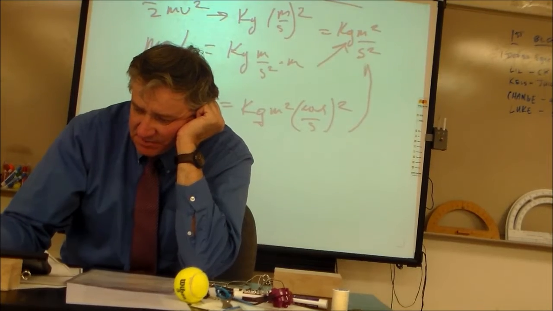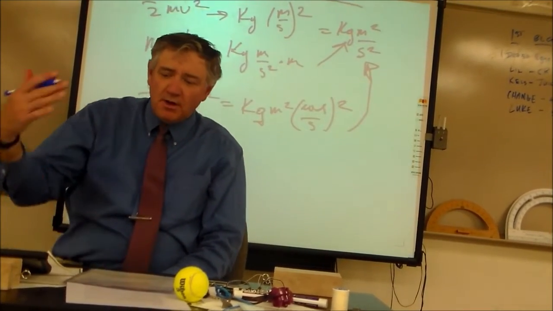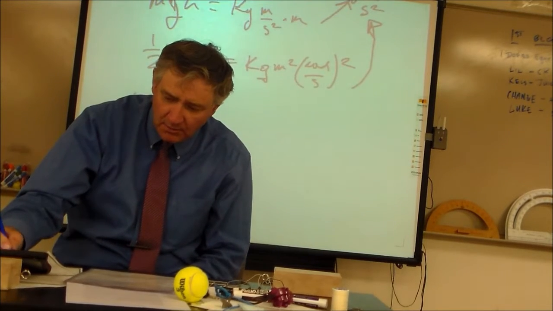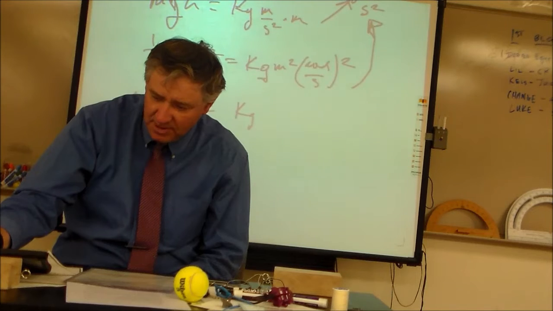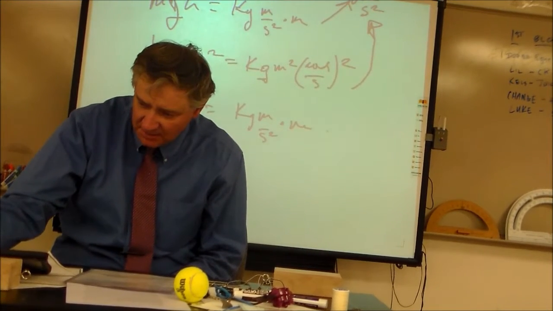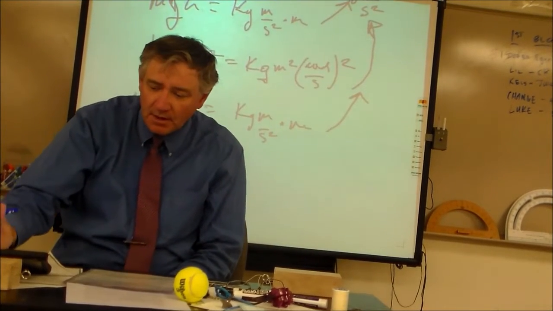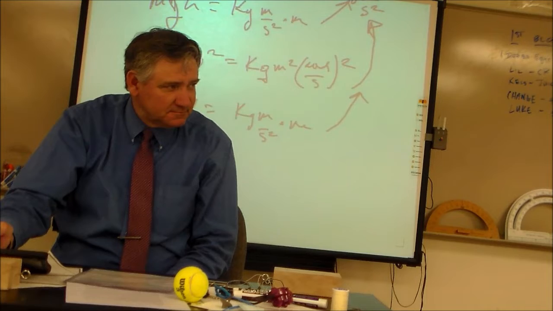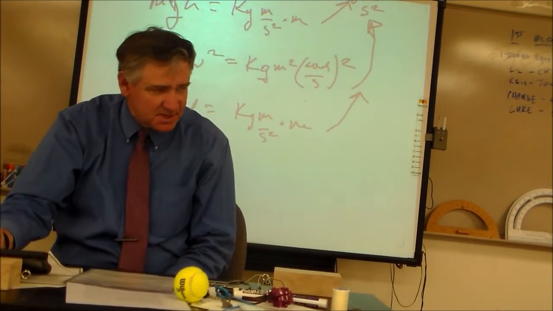So we still end up with kilograms meters squared over second squared. Then if you look at work, that's force times distance. Force is kilograms meters per second squared, times meters. You still, oddly enough, get kilograms meters squared over second squared.